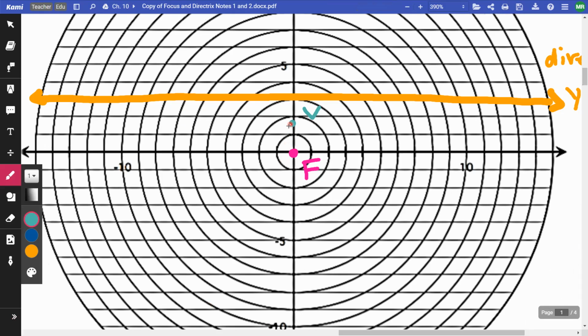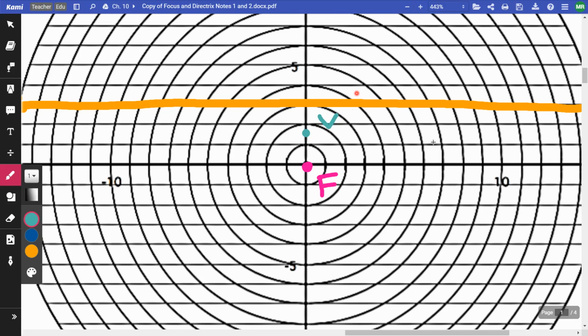Since I had this one at 1.5, I'm going to go out to circle 2, okay? So if I go out 1, 2, anywhere on this circle, every point on this circle is going to be 2 away from my focus, but I also need one that's going to be 2 away from this line here. So you'll notice, I'm going to do this in 2 colors here for a second. So this is circle 2, which every point there is 2 away from my pink focus.